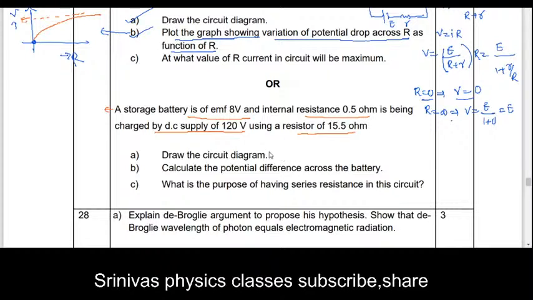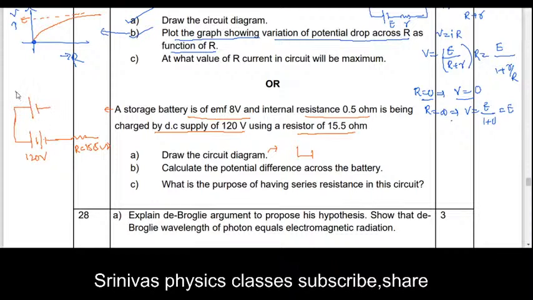First I will draw the circuit diagram. First a storage cell. Here there is not sufficient space. We take the storage cell; the supply is 120 volts. It is connected through a resistance of 15.5 ohm to the external cell.